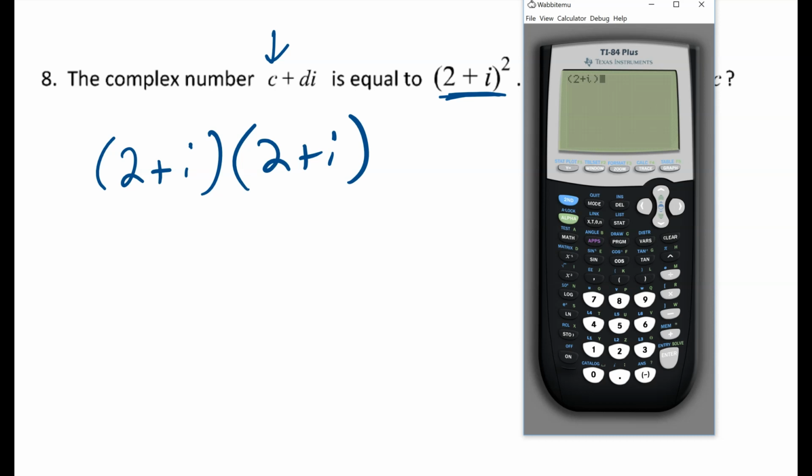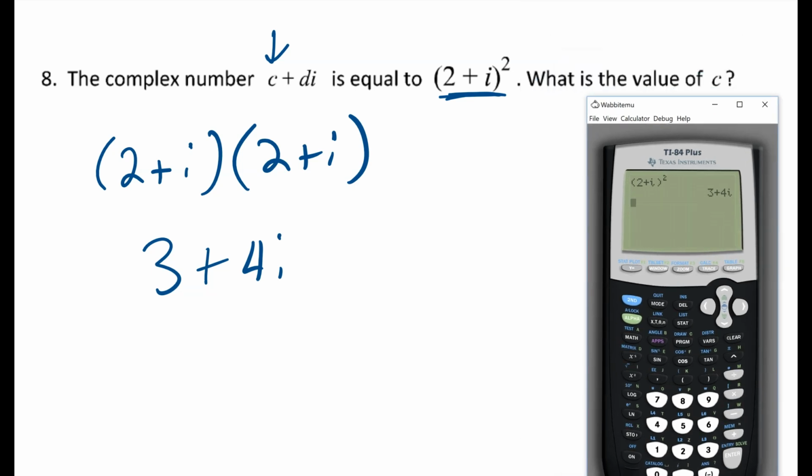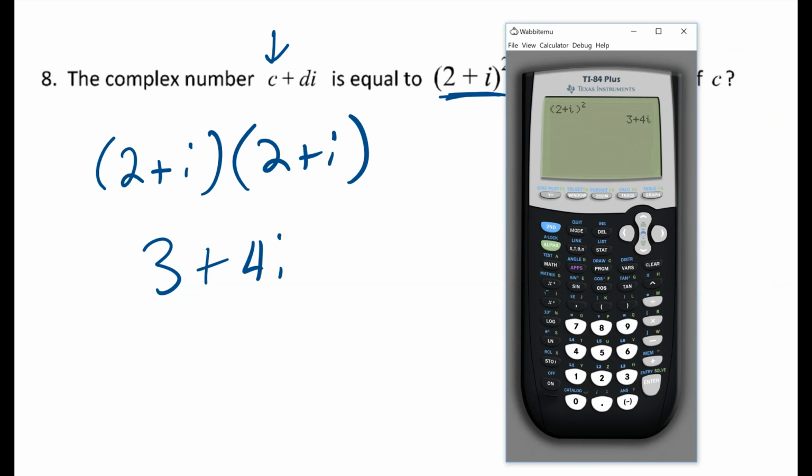I'm going to close the parentheses, and I'm going to square it. And it tells me it simplifies to 3 plus 4i. And if you were to do all the distribution out, you'll see that that is in fact true. And the question is just asking me what is the value of c. So that's the real part, and the value of c is just 3 there.